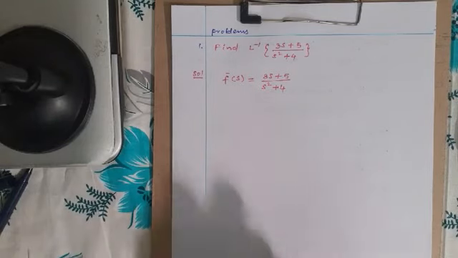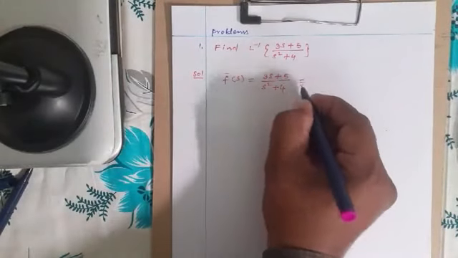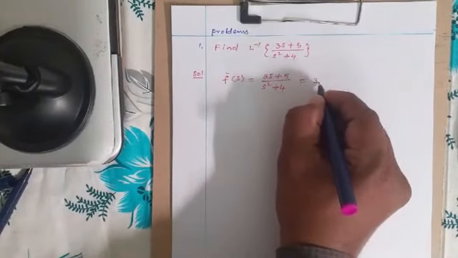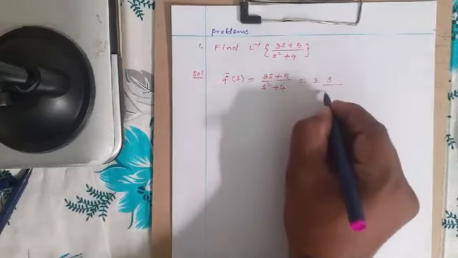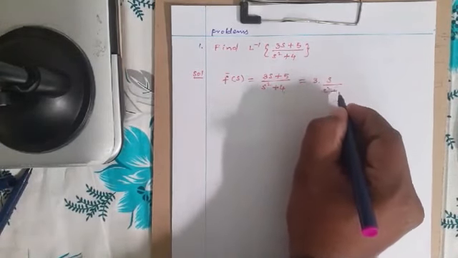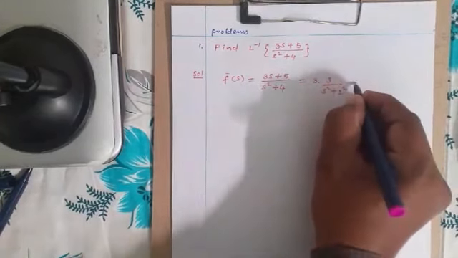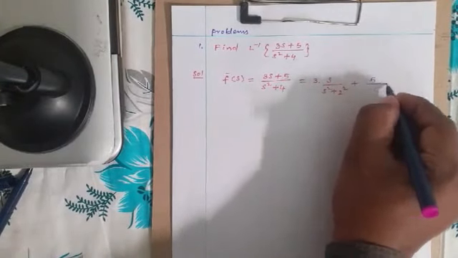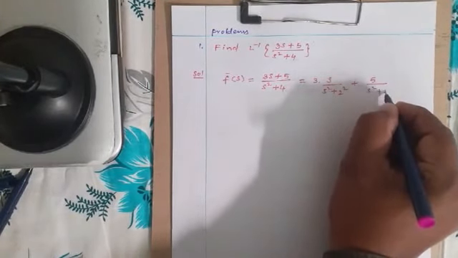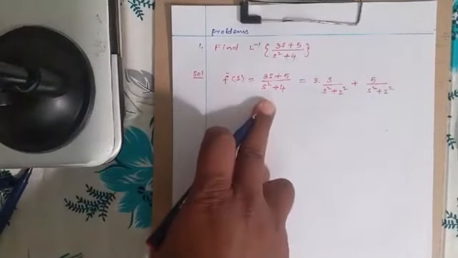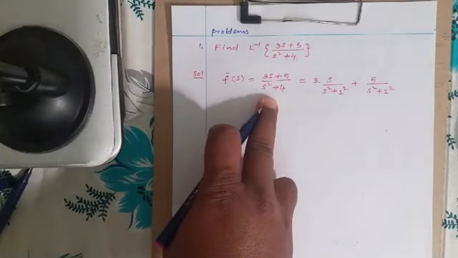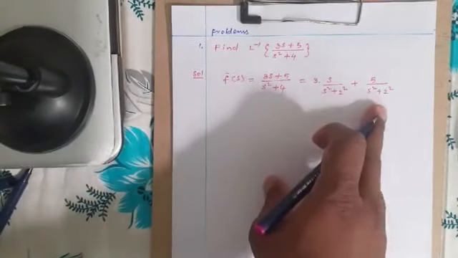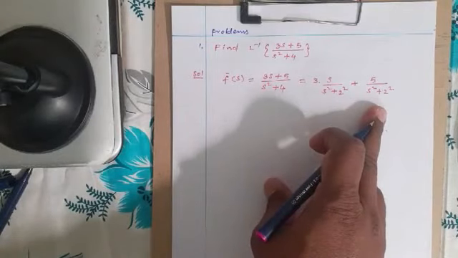So this is equal to, we can write this as 3 into s upon s square plus 2 square, plus 5 upon s square plus 2 square. I am just separating 3s by s square plus 4, plus 5 by s square plus 2 square.